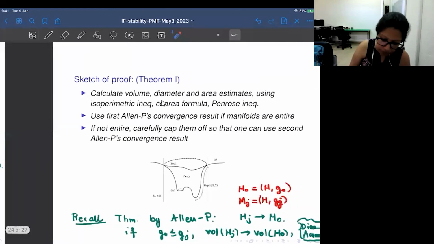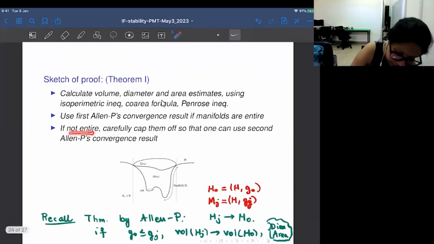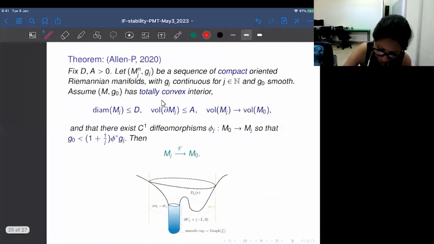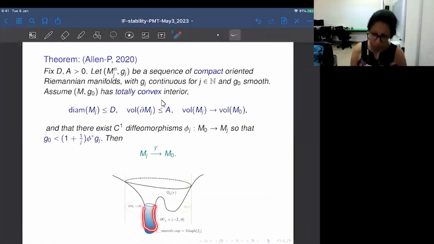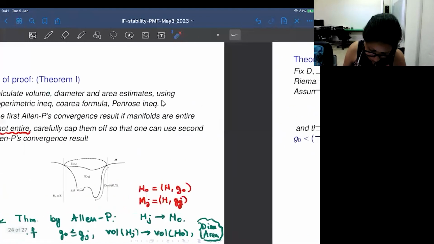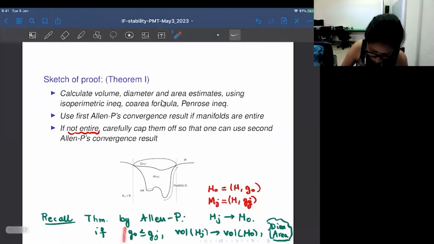And if the manifolds are not entire, then as I told you, we have to carefully cap these manifolds. And when we cap these manifolds, this theorem, maybe this condition might be too strong, but as I told you, one can weaken this condition.